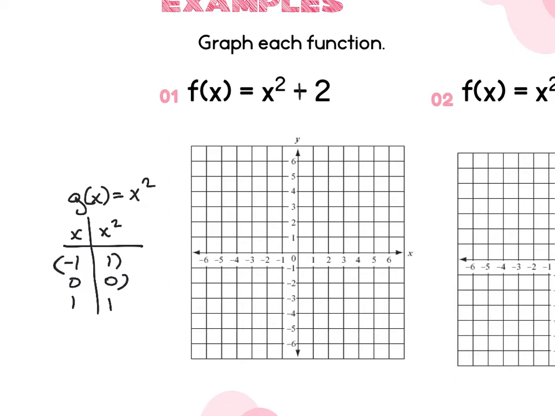These become the ordered pairs that you're going to graph for your parent. So I'm going to graph 0, 0, -1, +1, and then +1, +1. You need to memorize that the parabola takes on the shape of a U.